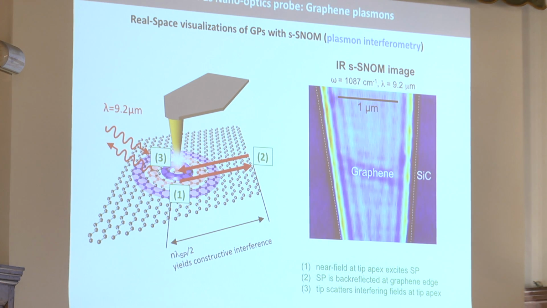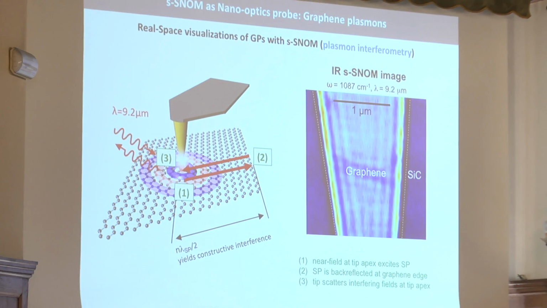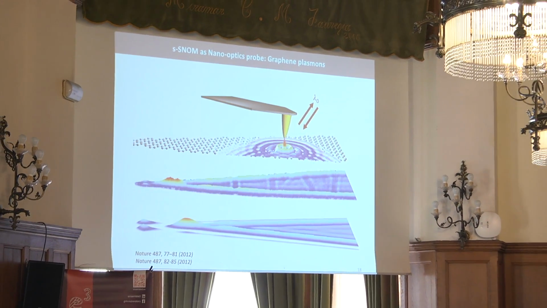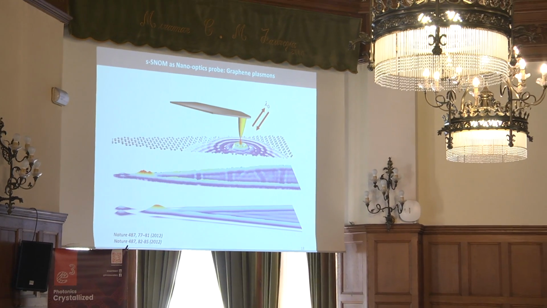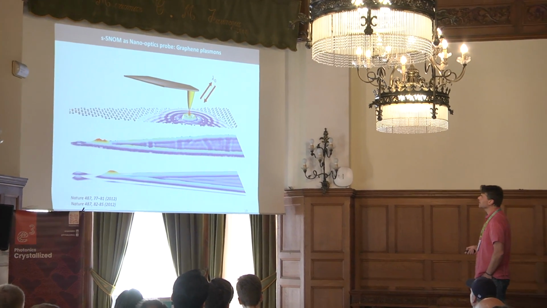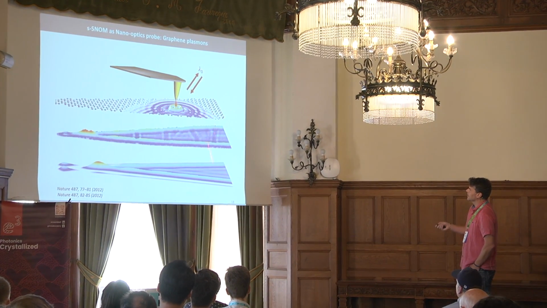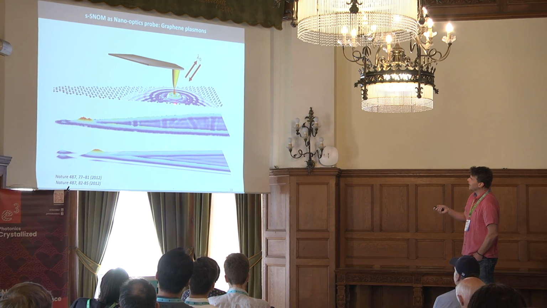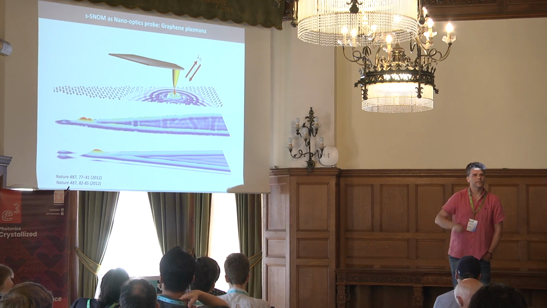It's doing both things. Okay, this is the main mechanism of polariton imaging. And this was published at the same time in another paper from Dimitri's lab, but basically the same thing. And this is the tip, how it launches them. They go to the edge, they come back, and then they form this standing wave pattern.